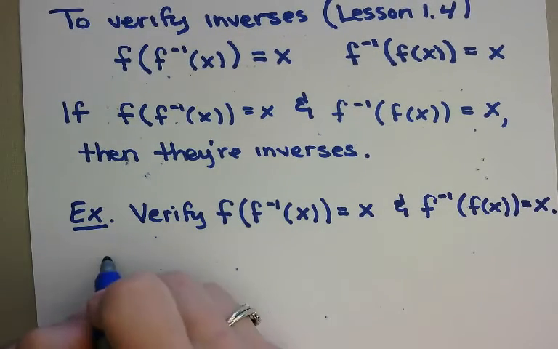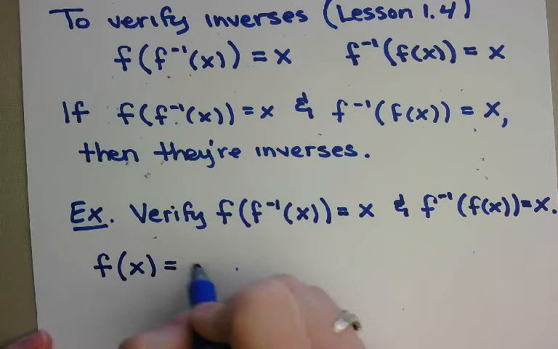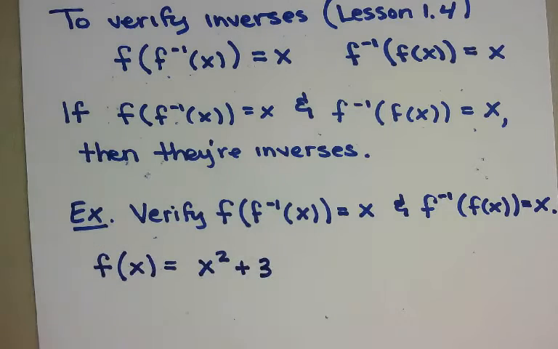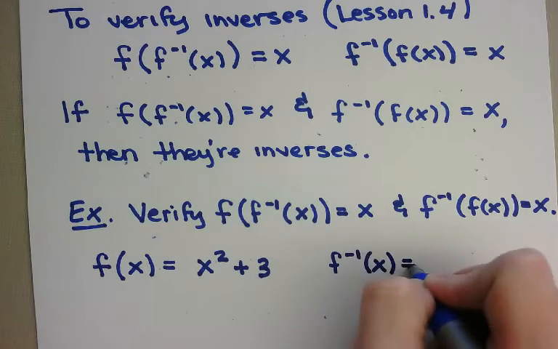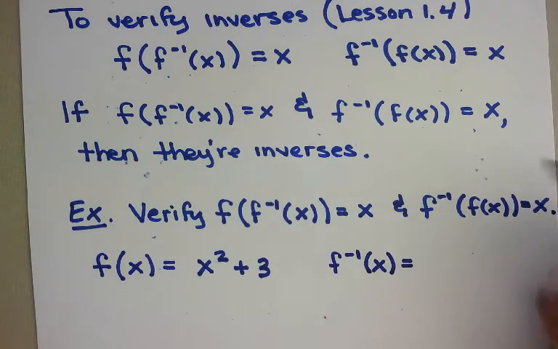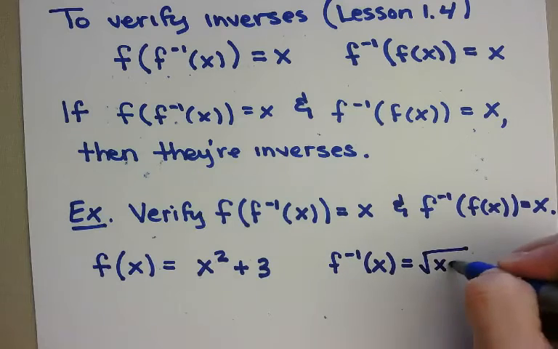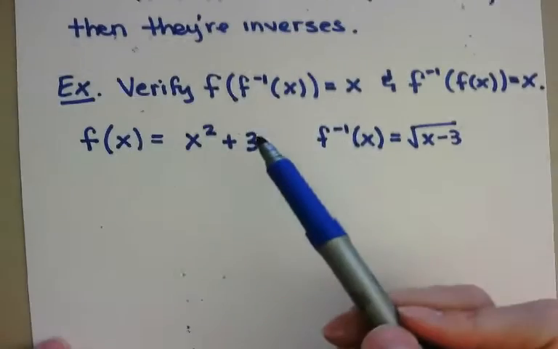Let's say I tell you that the first function, f of x, is x squared plus 3. And I say that this function, f inverse, is the square root of x minus 3. All right, so we need to verify this composite.